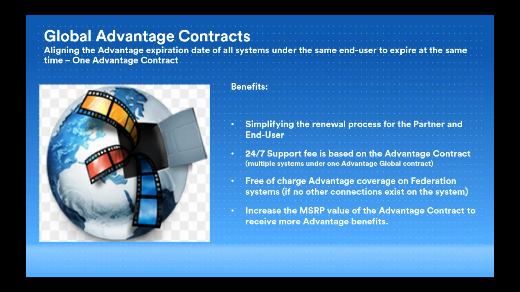And with a Global Advantage contract, the Advantage on the Federation licenses could then become waived because of the amount of camera licenses or reader licenses on that contract. And we'll go over the Federation licenses here on the next slide.